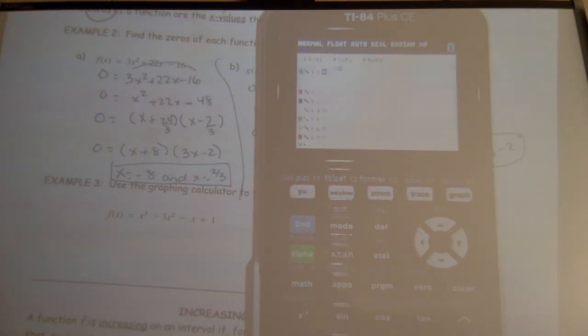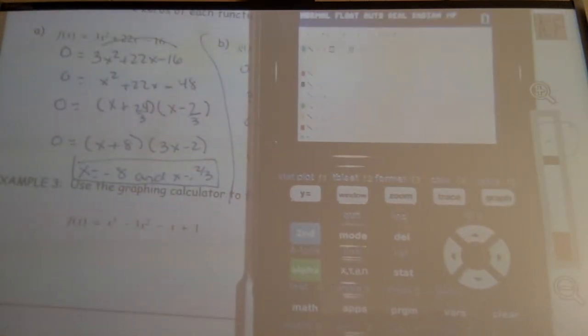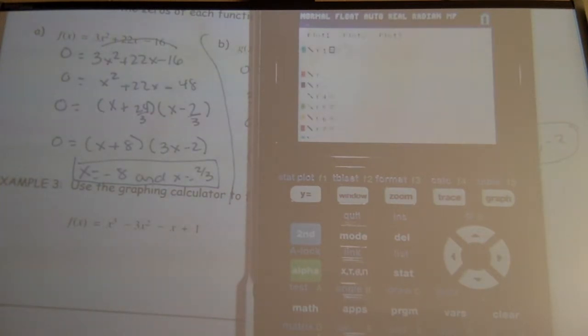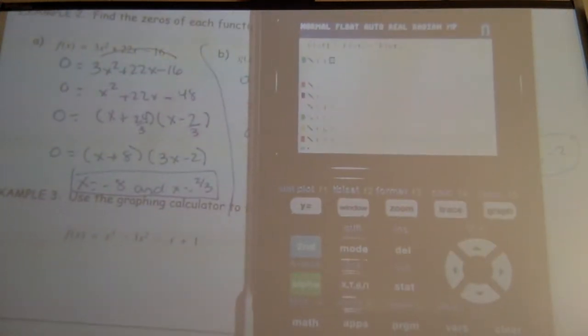Make sure you get out of that. And then minus. Use the minus key, not the negative key. Minus 3x squared.